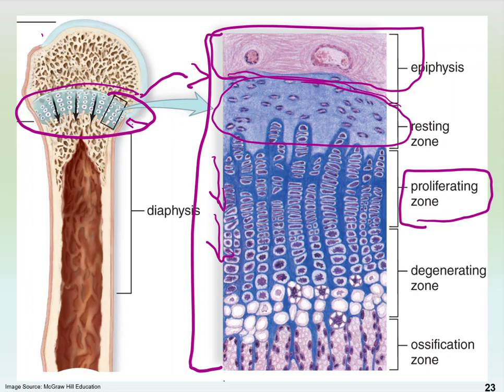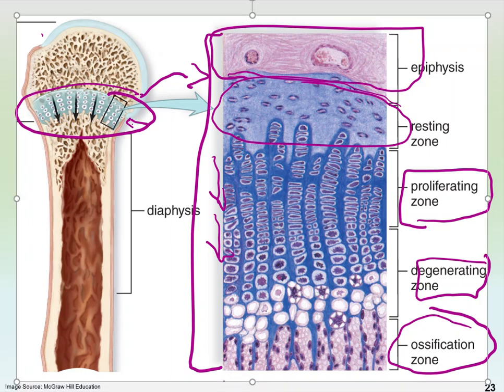And as they continue to multiply and grow, they're going to start to die, which is your degenerating zone. And as they die, they will be replaced by bone ossification. Remember, ossification is laying down a bone. So once those cartilage cells die, you now lay down new bone. So your bones grow towards your diaphysis always.